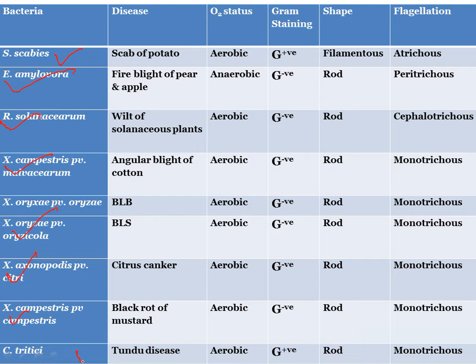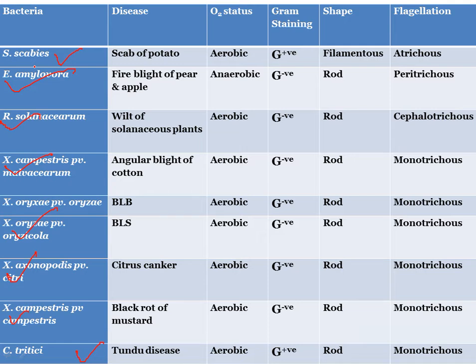This is Clavibacter. So the total is 5 groups of bacteria: Clavibacter, Xanthomonas, Ralstonia, Erwinia, and Streptomyces. Right? These 5 bacteria are listed in this slide with the diseases caused by them.